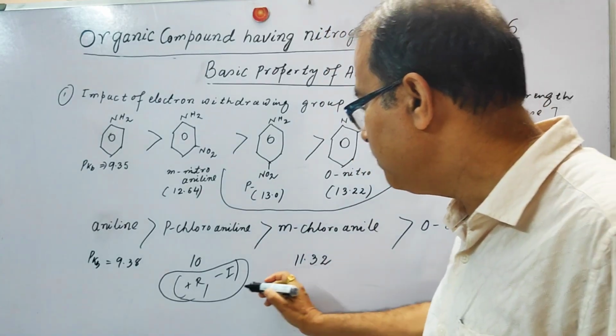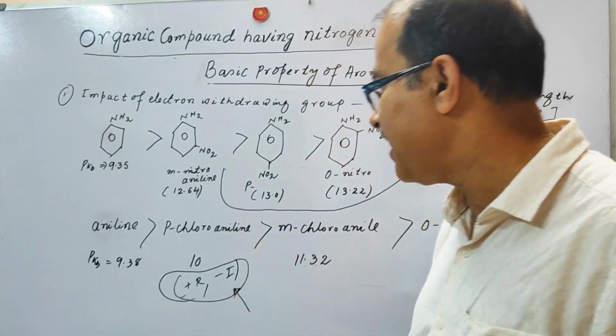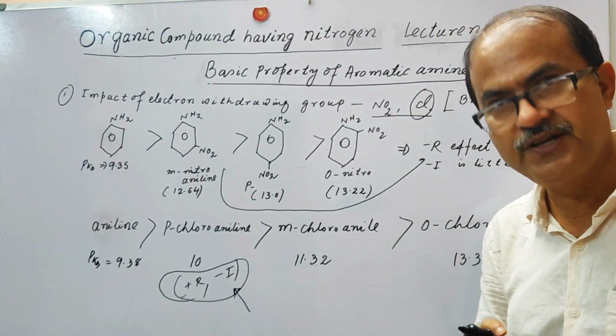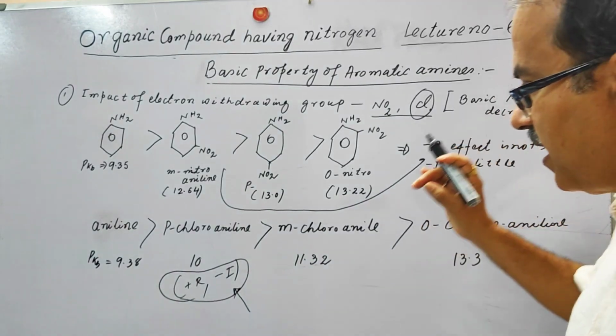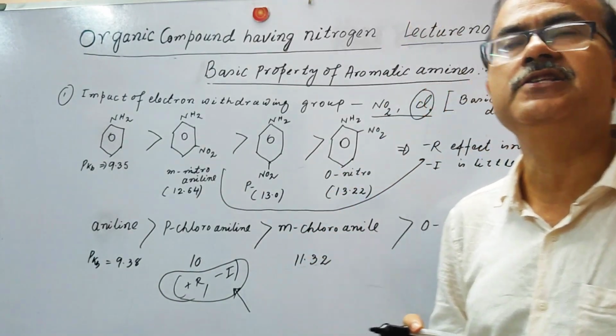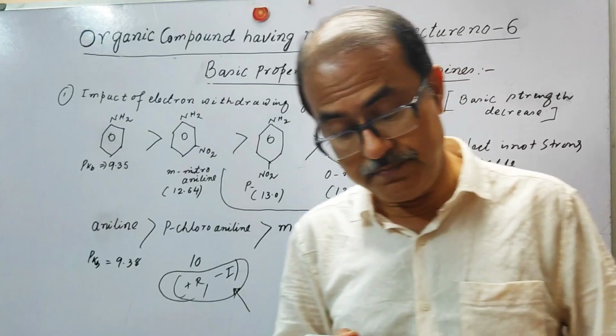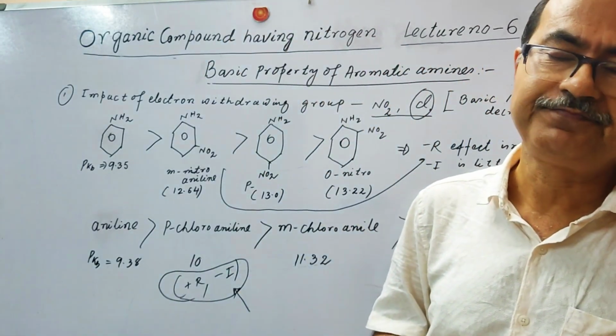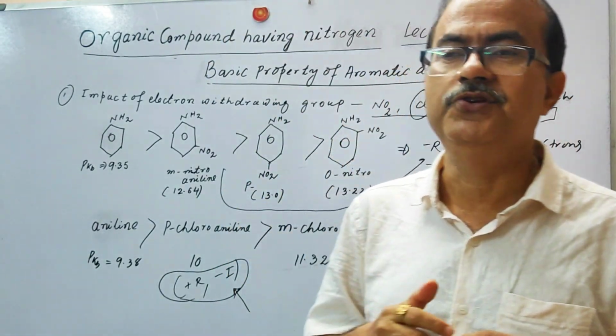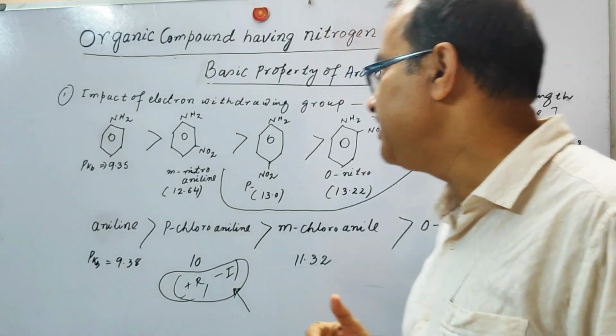At that time we have to remember this very important fact: the plus R effect and minus I effect are both operative when chlorine is at the para position. So you can understand, it is very interesting.